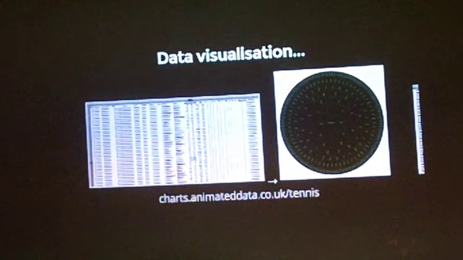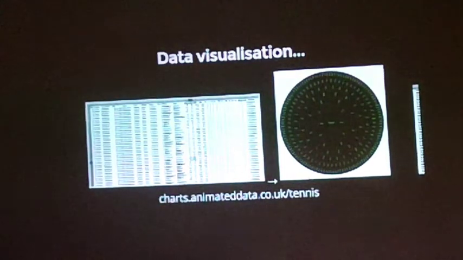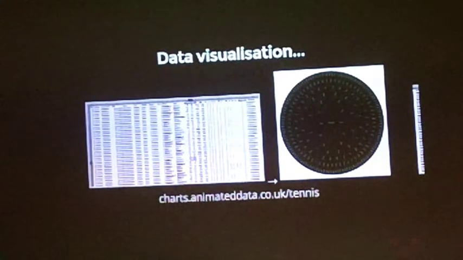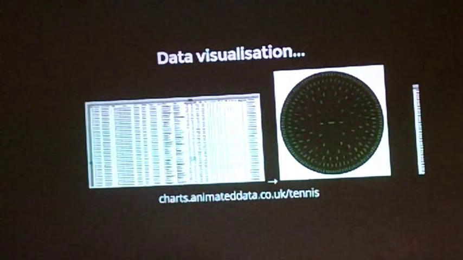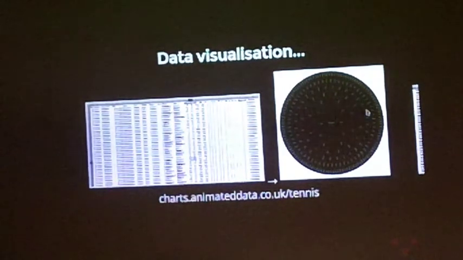By data visualization, I'm really thinking about visualizations that are driven from a data set. So I'm thinking about this sort of thing, where it's not a particularly big data set, but it's a spreadsheet of last year's Wimbledon results, and that's driving the visualization on the right. It's not coming out all that clearly, but it will in a larger version.